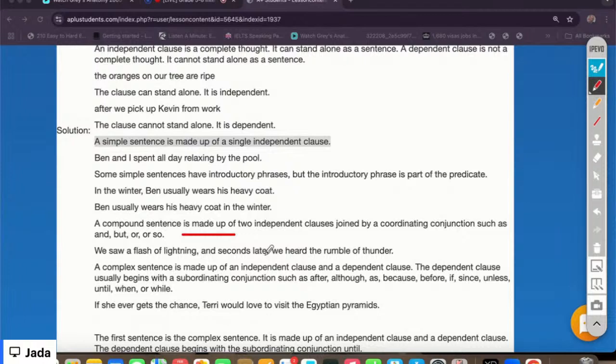And the compound sentence is joined by two independent clauses. Remember that independent clauses can stand alone. For example: we saw a flash of lightning, so we have a comma and a conjunction, seconds later, we heard the rumble of thunder. So, this is a compound sentence. All right.